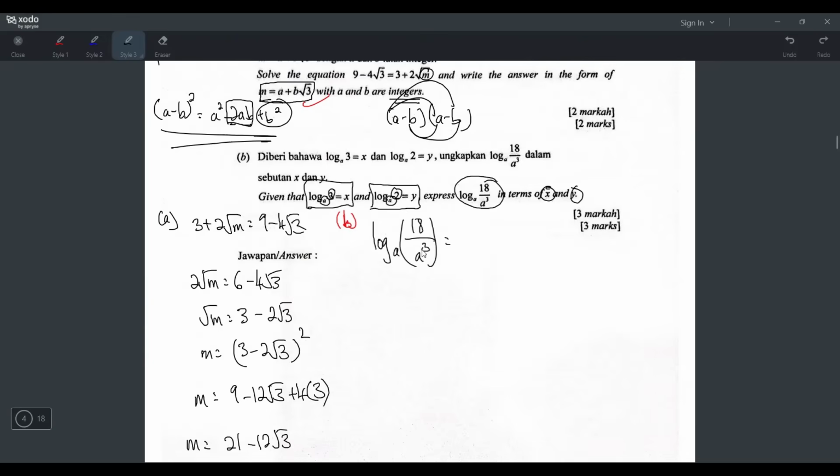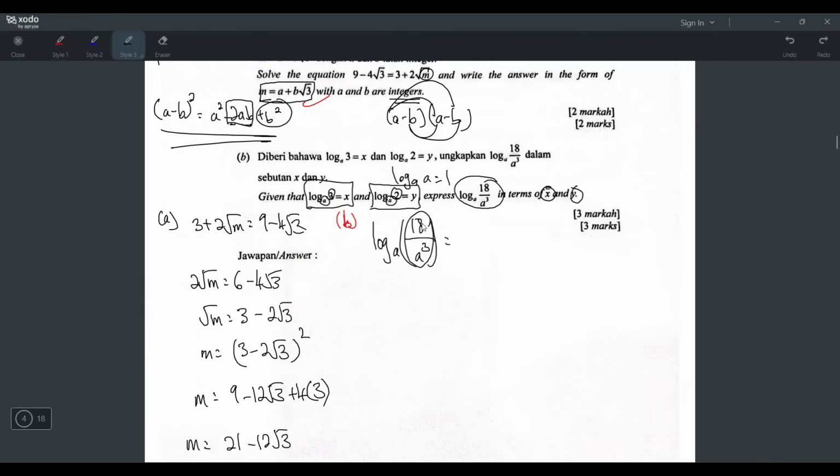So what I can do is try my best to change the inside number so that it becomes 3, 2, or a, because log a base a is 1. Don't forget, even though they give us two pieces of information, there's actually one more hidden piece of information, because log a a is 1. You can cancel it to become 1. So one more time, what's the plan?